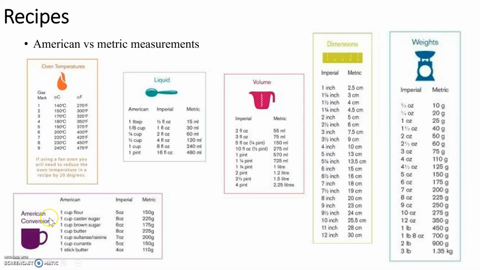Other things such as cups of flour and how that is related to mass, and we'll look at that in a little bit more depth in a second. Weights, ounces to grams, dimensions. So if you were to have a 13 by 9 pan, that's the same as saying 23 centimeters by about 32 centimeters. So we have to be able to do these conversions if we want to convert recipes.